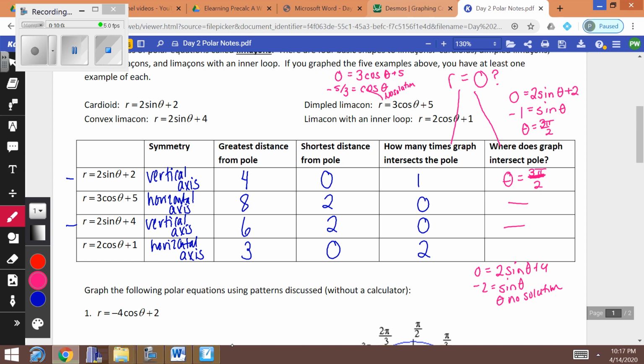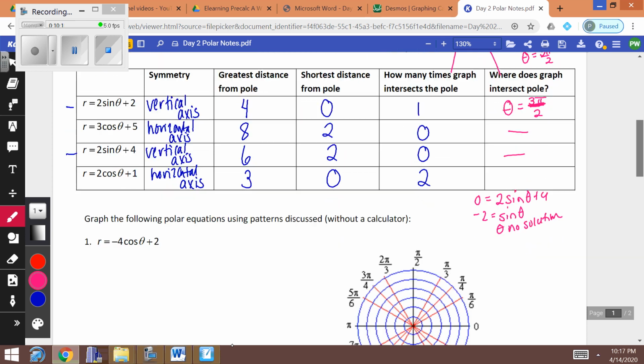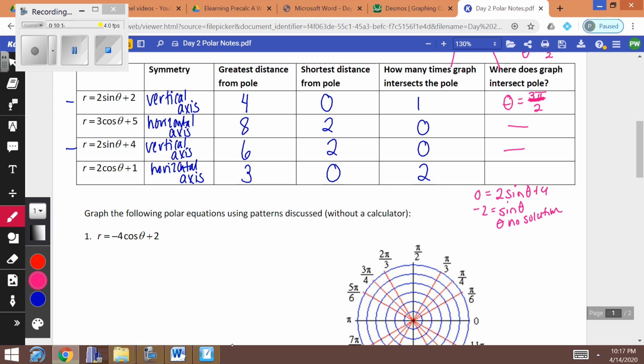But notice it does cross through the pole, and I said it crosses twice. Think about this: if I were to put 0 in for r, we would want to find where the cosine is equal to -1/2.